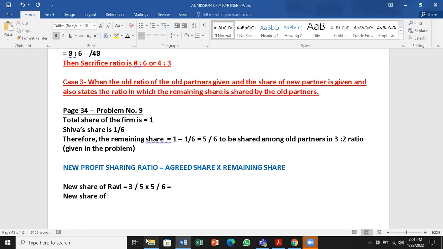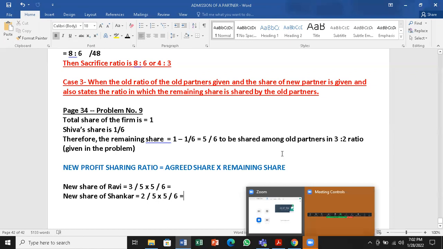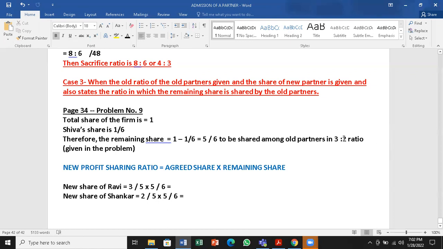New share of Shankar is equal to the agreed share 2/5 into 5/6. If agreed share is not there, they will be sharing in the old ratio itself.